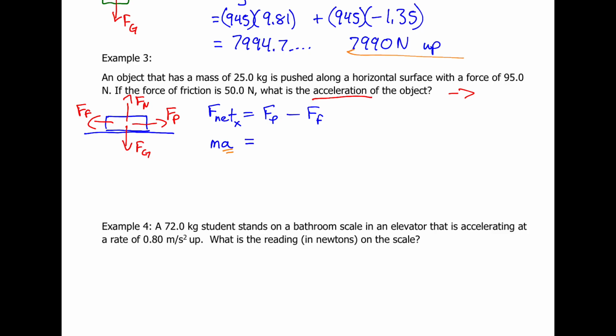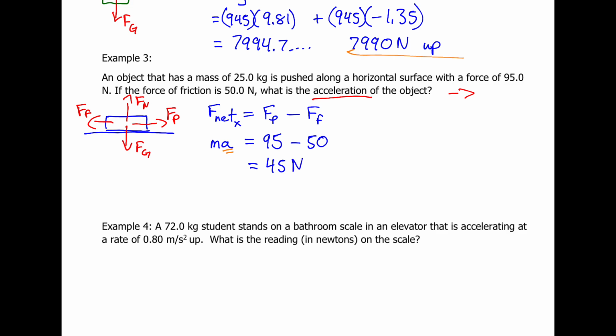It's 95, so I can write 95 newtons right here. Do I know how much the friction force is? Yeah, so I don't even need to break out mu or anything like that. I just know the friction force is 50. That's easy enough. So the net force in this case is going to be 45 newtons. That was easy enough.